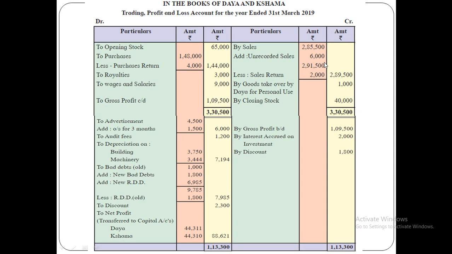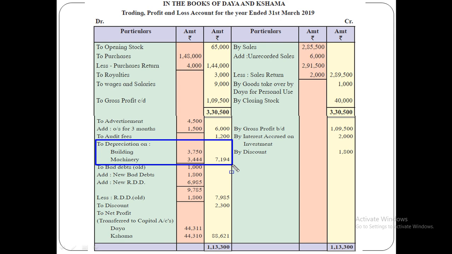The second adjustment is to depreciate building and machinery at the rate of 5% and 3% respectively. So we deduct that percentage from the asset and show it on the debit side of the profit and loss account, as I highlighted here.